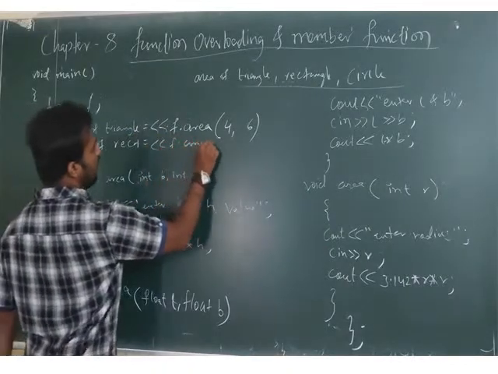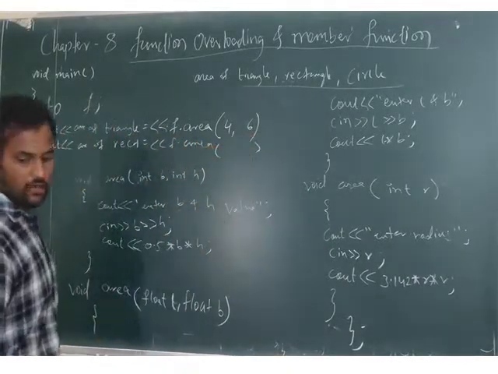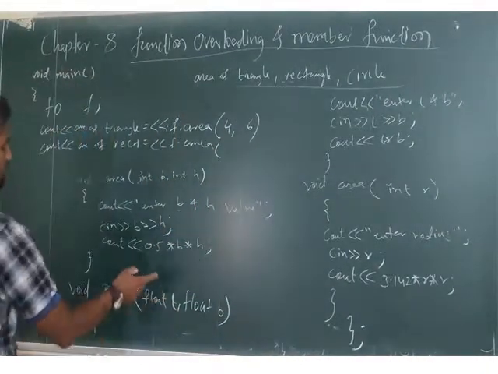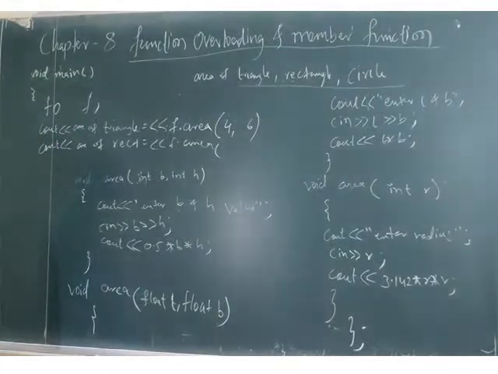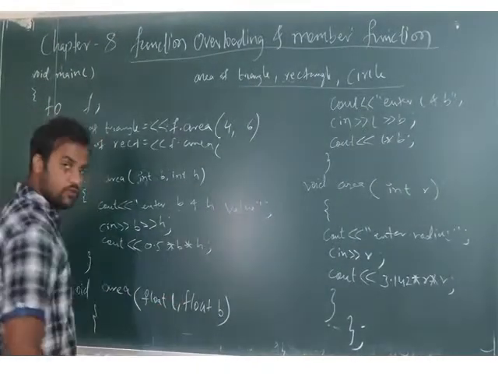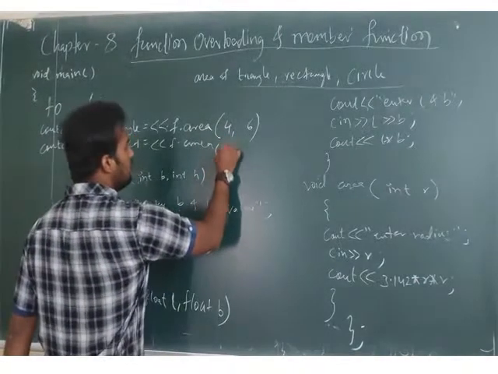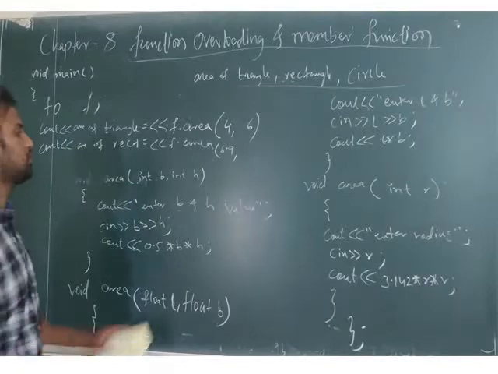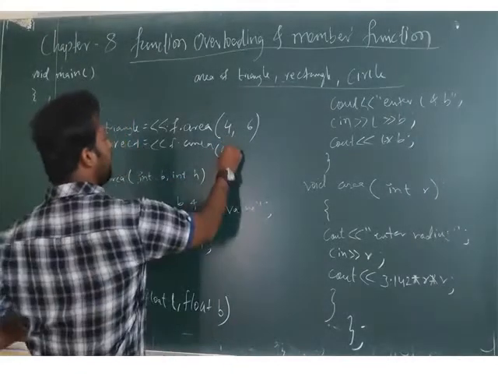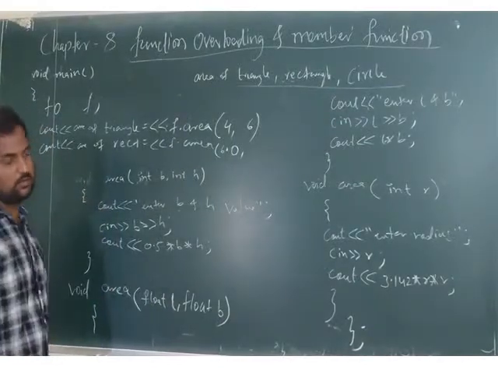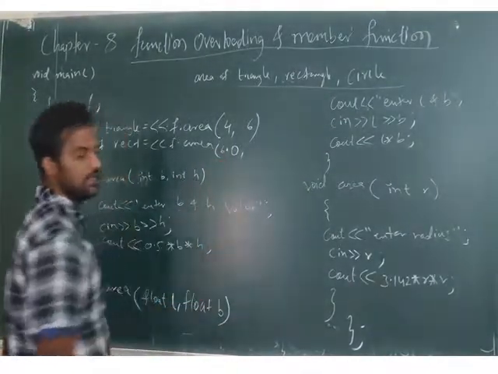F dot area. Now here what do we have to do? Here what is the difference? Here also 2 values only, but how will it execute area of rectangle only? Here float we have given, float L. So for float L I will give a value like 6.9 or 6.0. We have to give it with a point because it is a float value. 6.0 means 6 only.